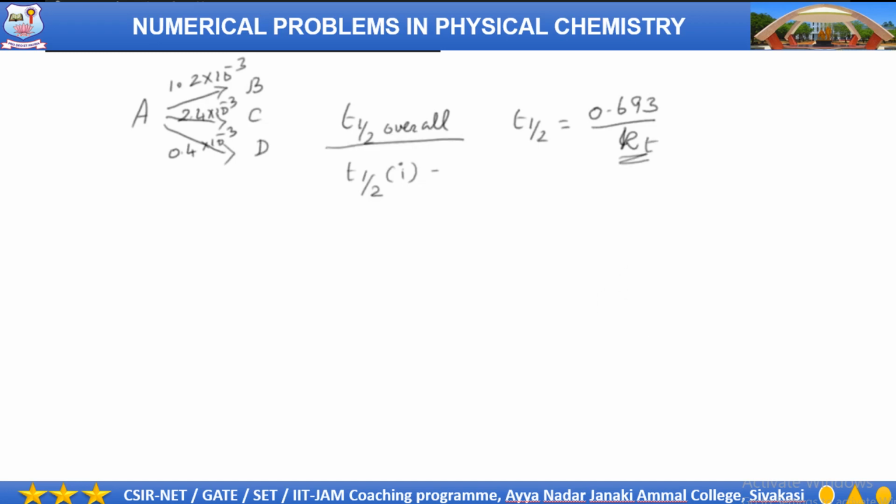And for T half of i, what is the general equation? 0.693 by Ki. Then, can anybody tell me the relationship between T half overall and T half of i? What is the relationship?